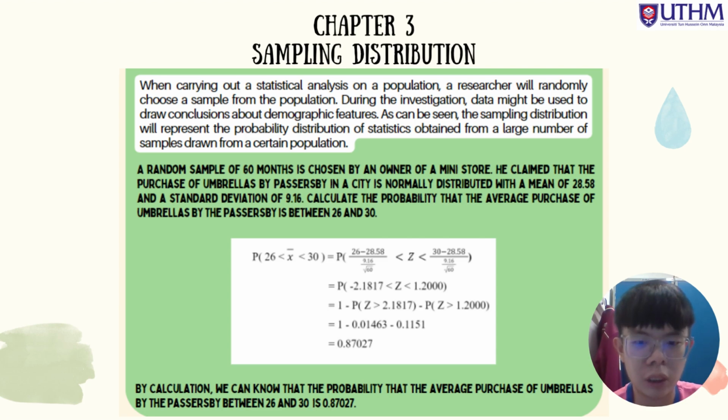By the calculation, we can know that the probability that the average purchase of umbrella by the passerby between 26 and 30 is 0.87027.